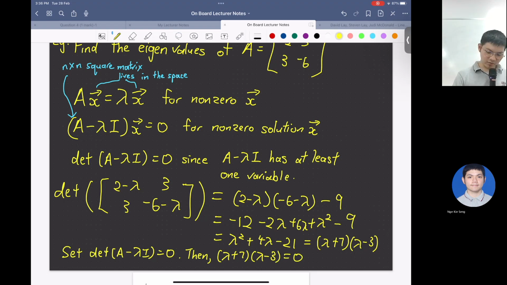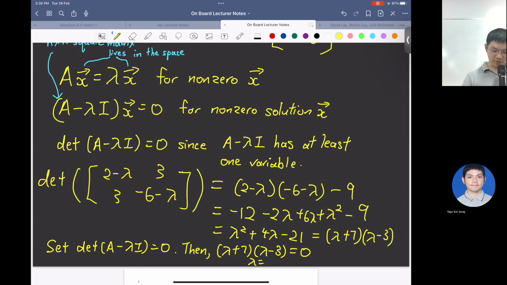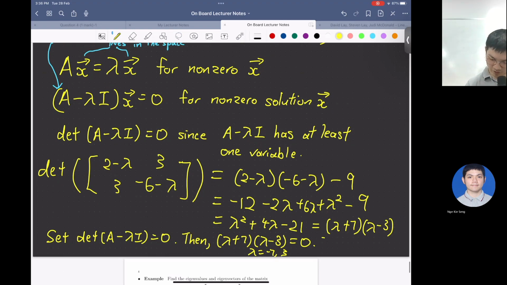So lambda is equal to, what's the root? Negative 7 and 3. Okay, so that means the eigenvalues are negative 7 and 3.